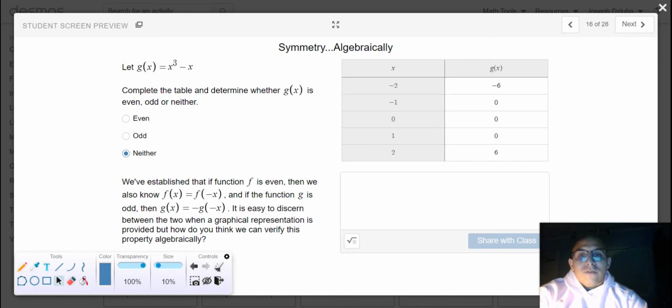If we've established that a function f is even, then we know that f of x is equal to f of negative x.